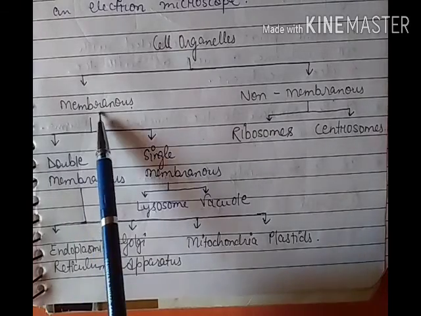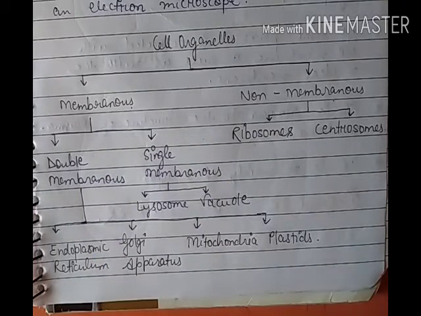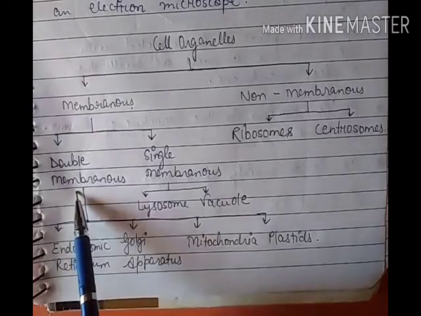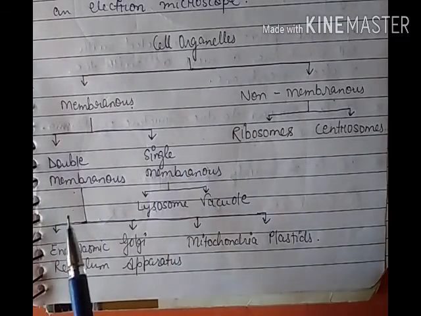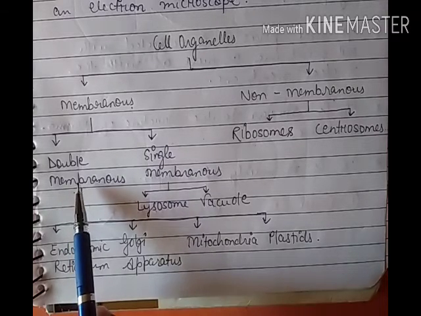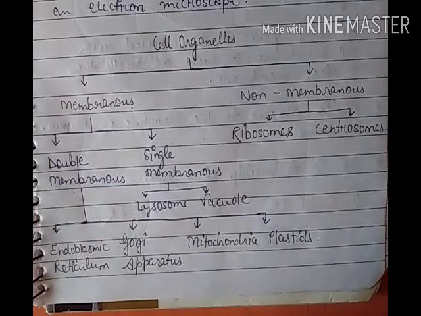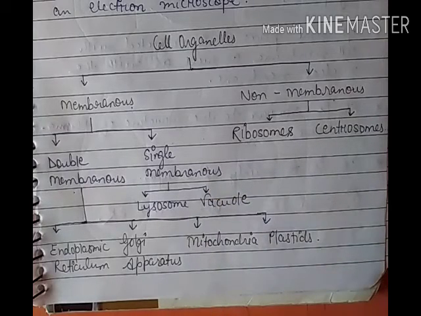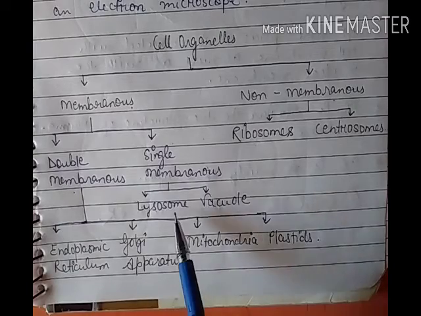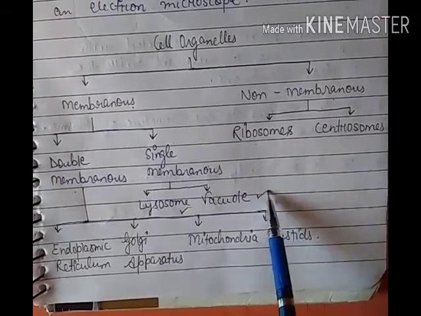But membranous cell organelles can be further divided into two categories: double membranous and single membranous cell organelles. The organelles which have a double membrane will be called double membranous, and the organelles which have only one layer of membrane will be called single membranous cell organelles, like lysosomes and vacuoles.